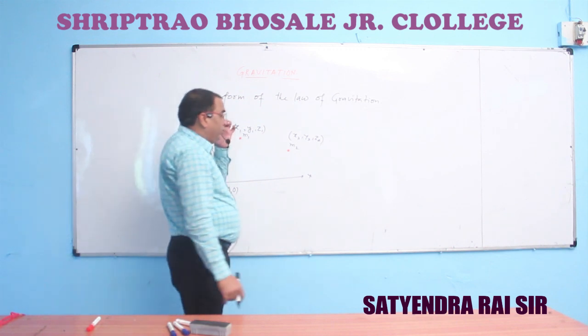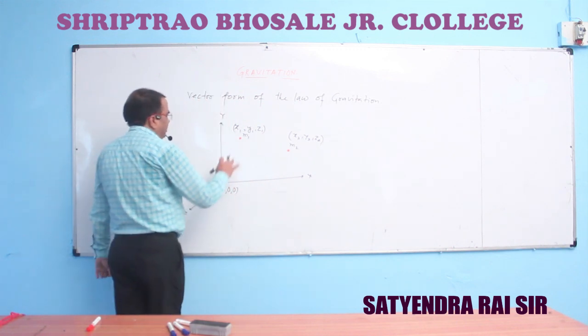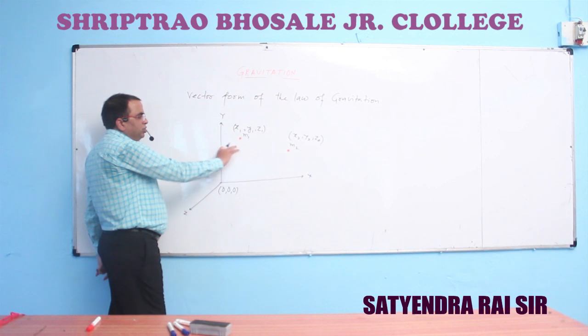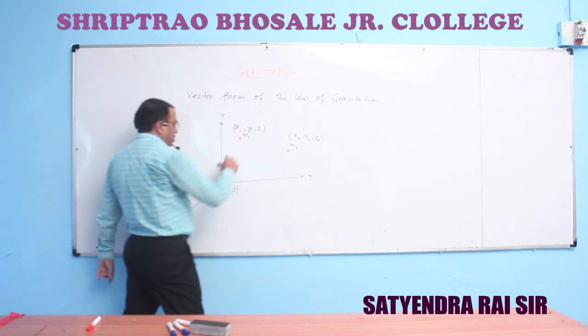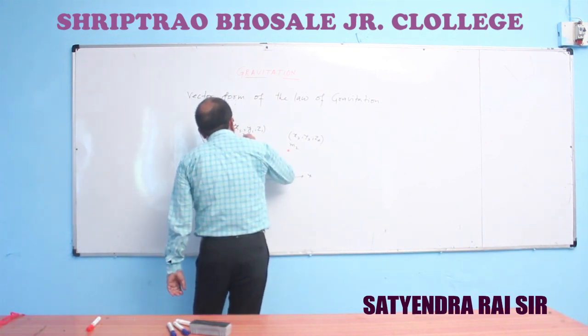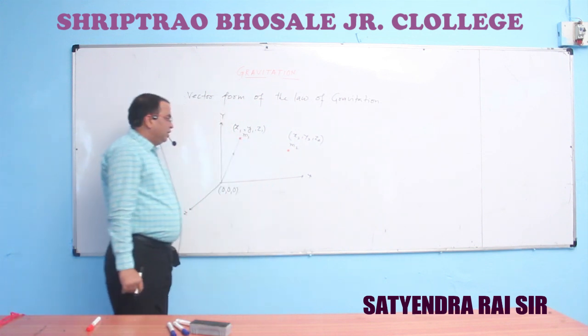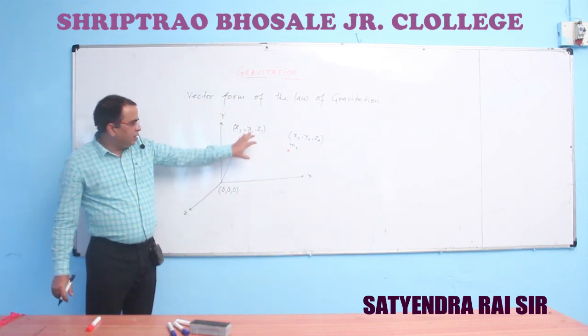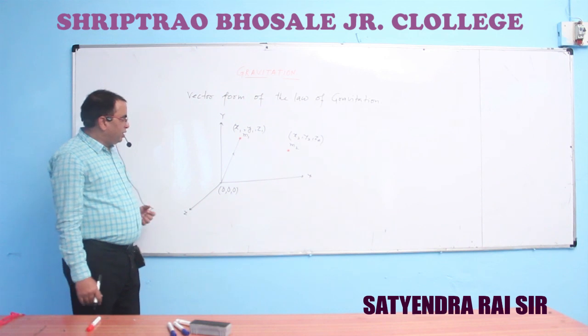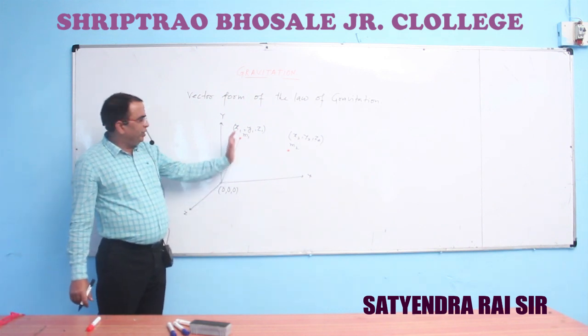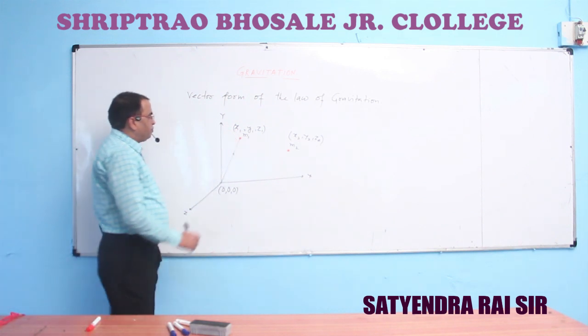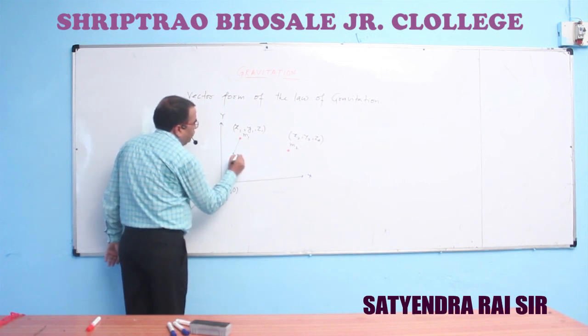First of all, we will write down the expression for the position vector of the particles. Let us join the line from the origin to the particle. This will show its position vector, and let us call it R1.